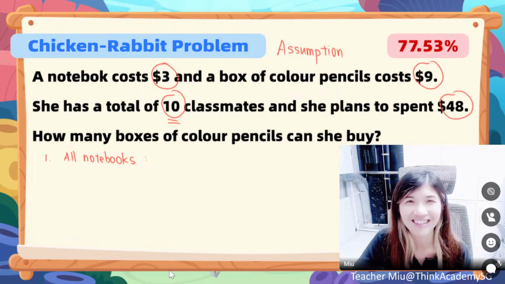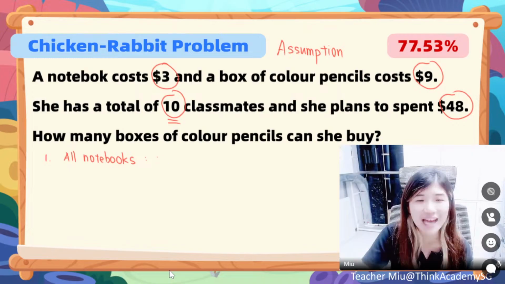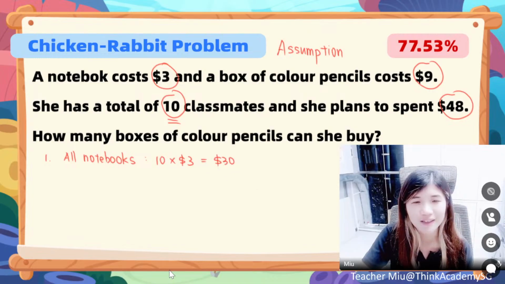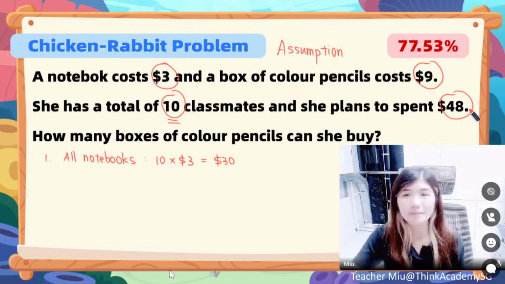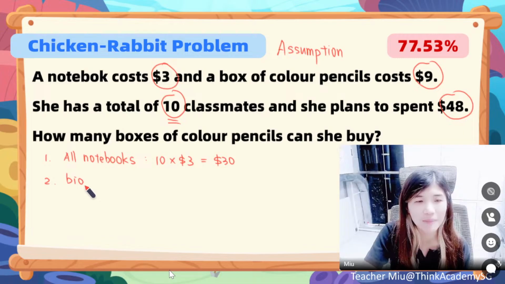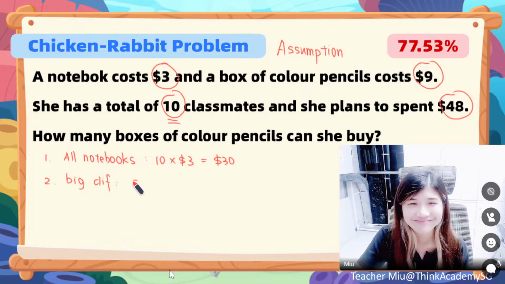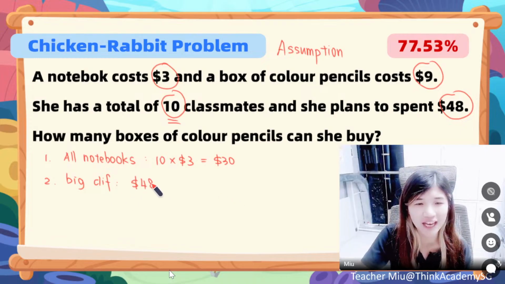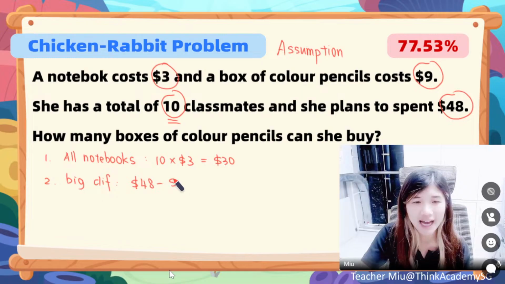Yeah, she should buy 10, $3, so she should spend $30. But then she plans to spend $48, which means for the big difference, she can spend how many more? Which is $48 minus $30.